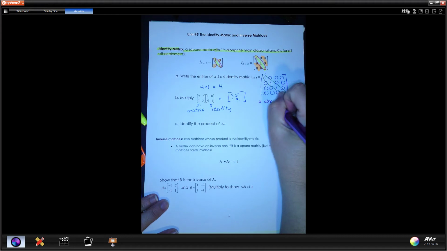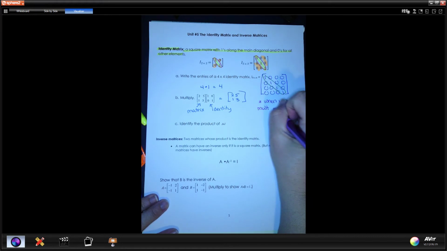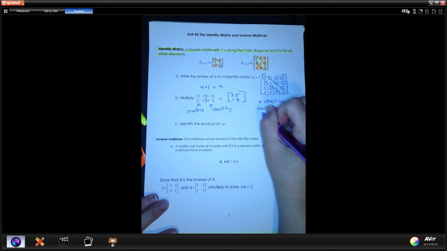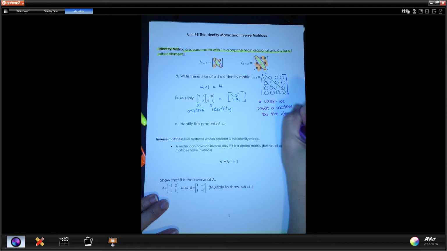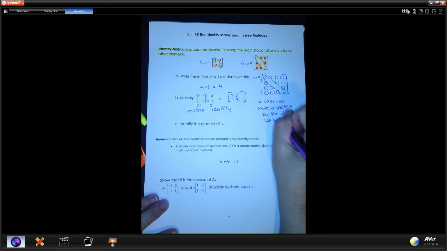So when we multiply a matrix by the identity, we get the original matrix.